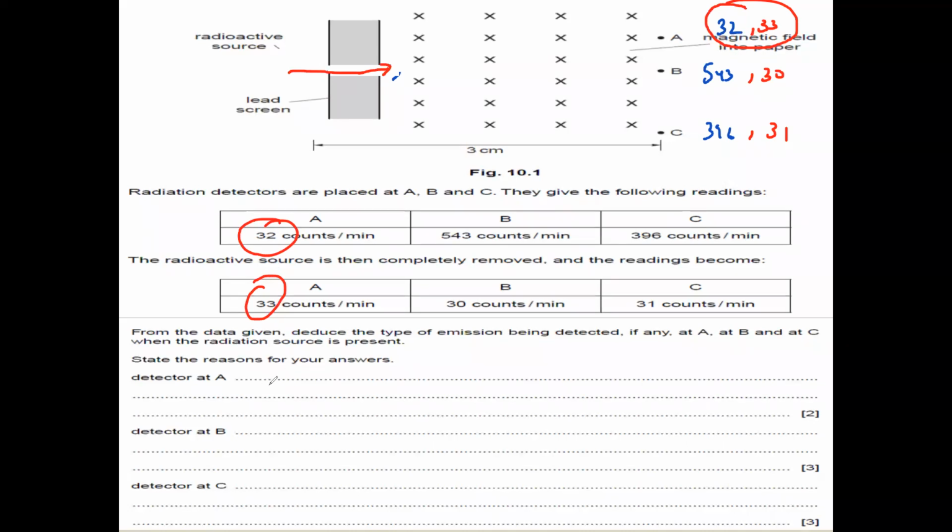So at A there is no radiation from the source. Why? Because the counts do not change, so all the radiation is from the surroundings. Otherwise, when the source is there and when it is not, there should be a difference.